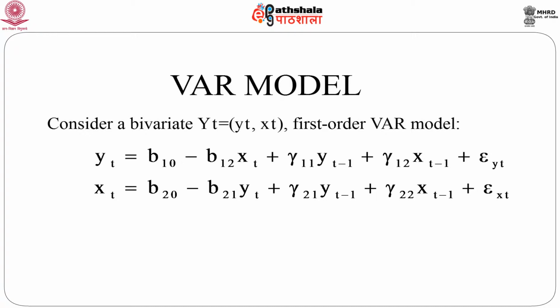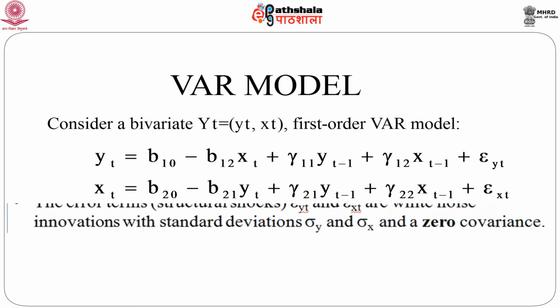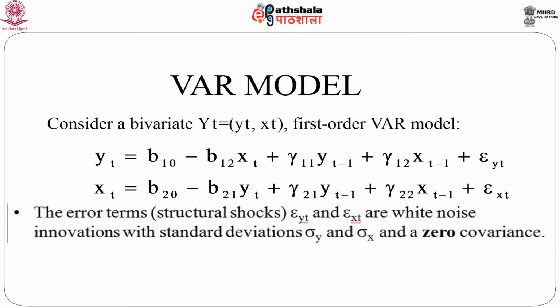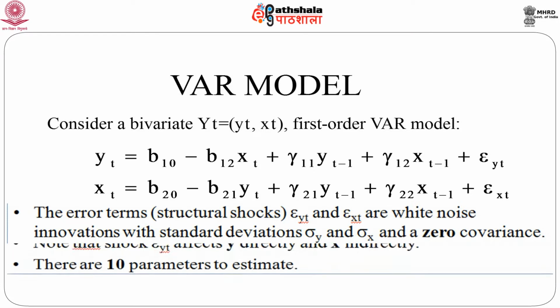Similarly, xt is expressed as a function of the current value of yt, as well as the past value of yt at lag 1 and the past value of xt at lag 1. Now, the error terms, the structural shocks epsilon yt and epsilon xt, are white noise innovations with standard deviations sigma y and sigma x and a non-zero covariance.